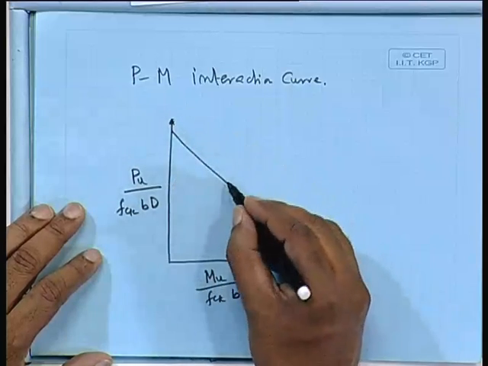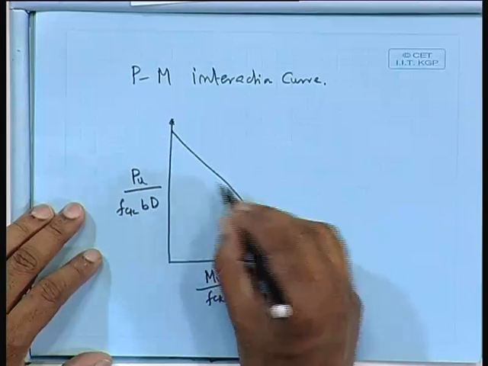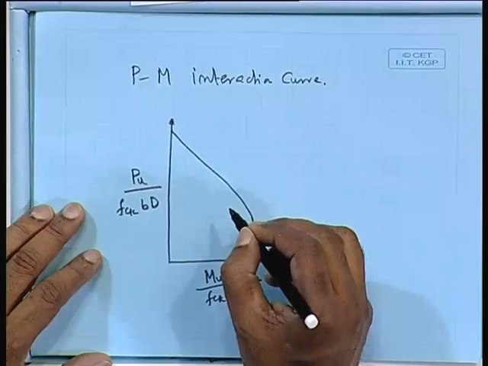This is for a certain percentage of steel. I can get different curves for different percentages of steel.